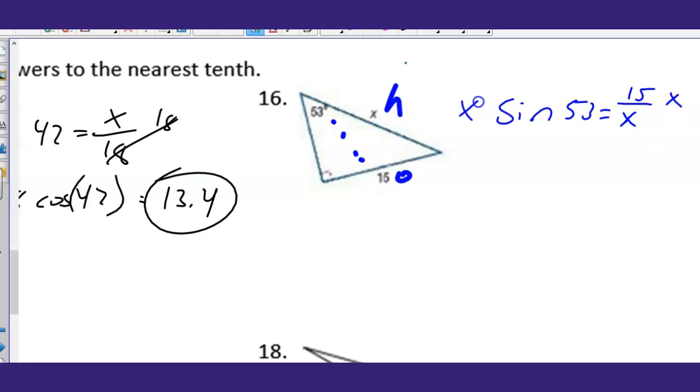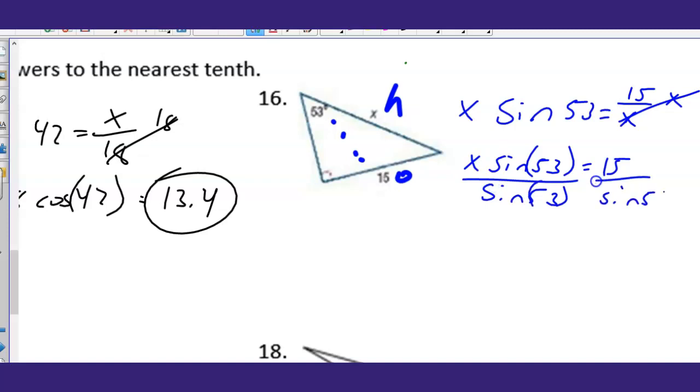So we multiply by x on both sides, and then divide by sine of 53 because we want x by itself. x equals 15 over sine of 53.